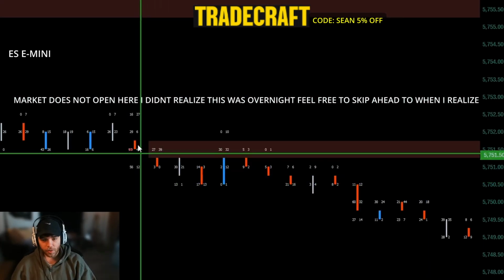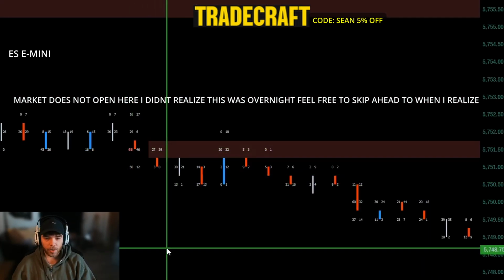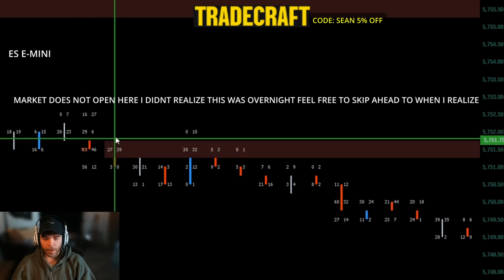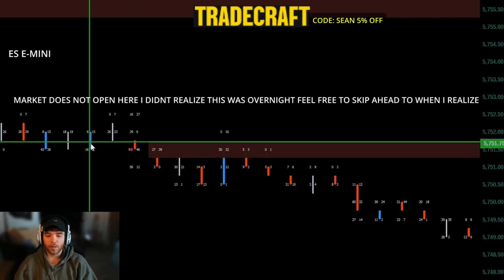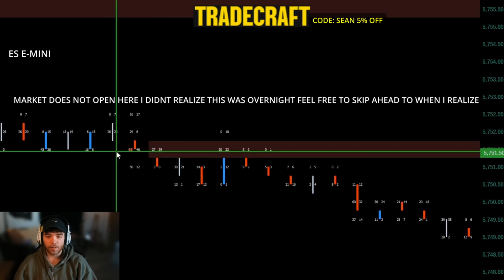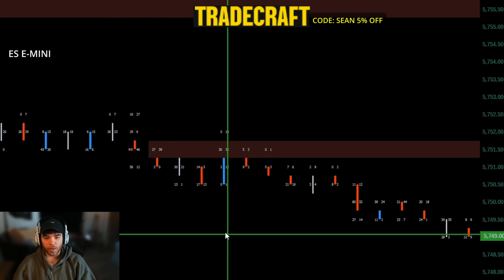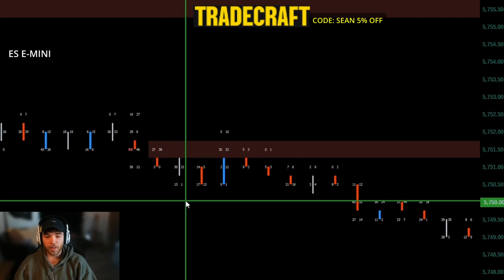As we can see here, there are 93 contracts traded at the bid, and that is 93 sellers saying that we are willing to sell into the bid and take a worse price because we're so convicted that the market is going to go down. So in order for anyone to make money in the market, as a buyer, you need to buy low and then sell high, right?